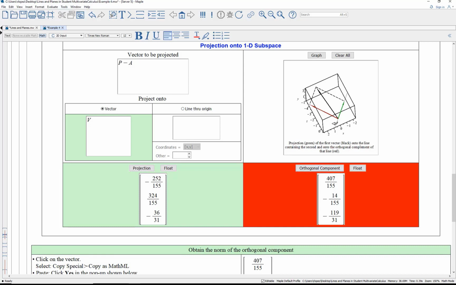And you can see here a nice picture. This gray thing is the line. There's your green vector V. The black vector that you want to project, you project downwards onto the green vector, and the orthogonal component is in red. You see the red over here.